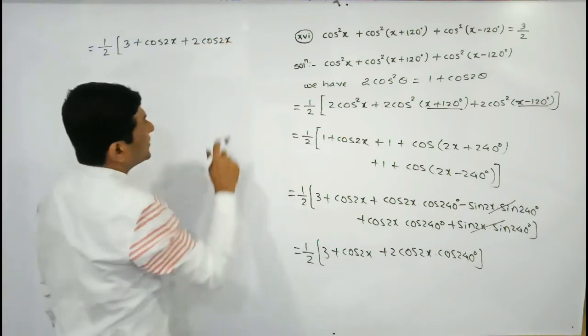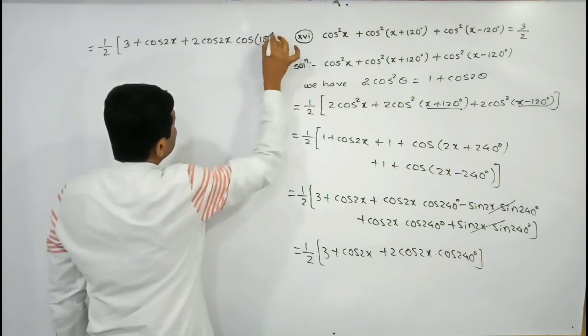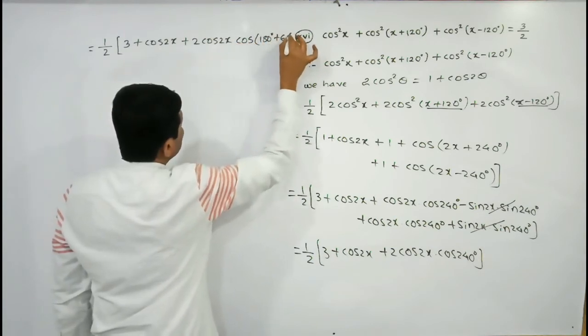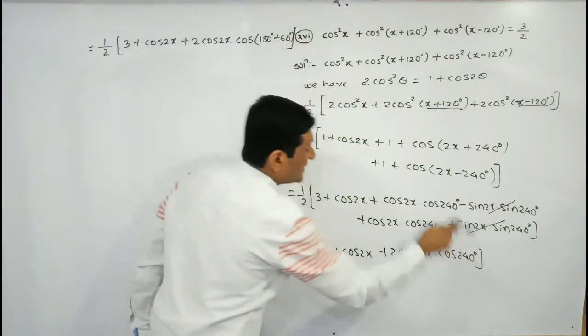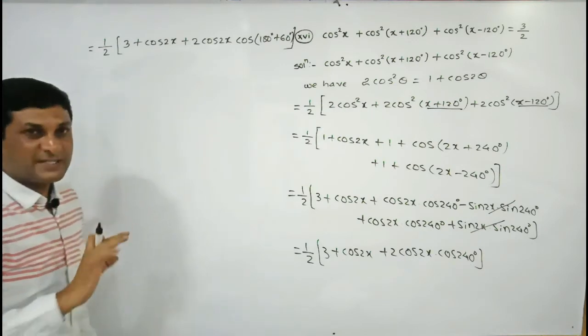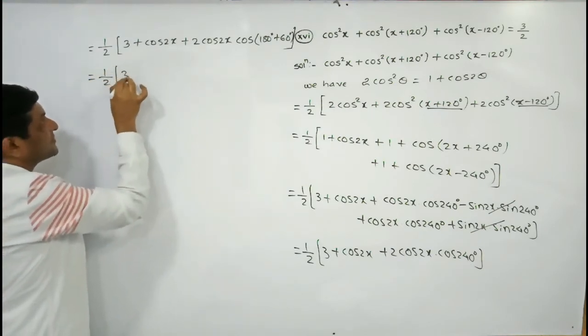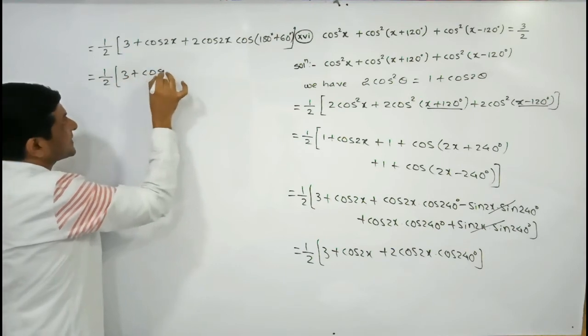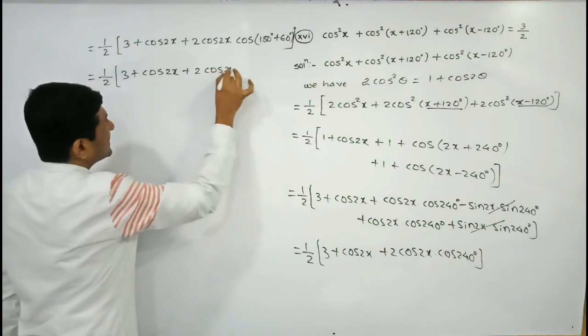Now cos 240, can I write it as 180 degrees plus 60 degrees? Yes, 180 plus 60 will be equal to 240. Means 240 degrees can be split up as 180 plus 60. So which is equal to 1 by 2 as it is, this 3 also as it is, cos 2x also as it is, plus 2 into cos 2x as it is.